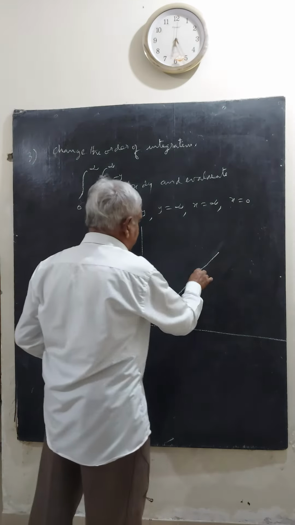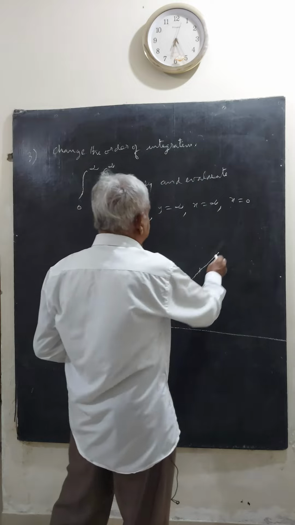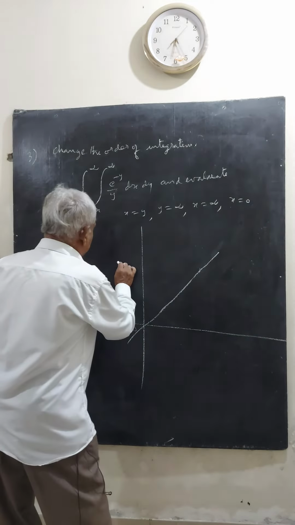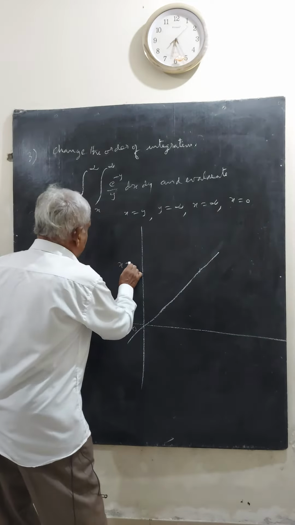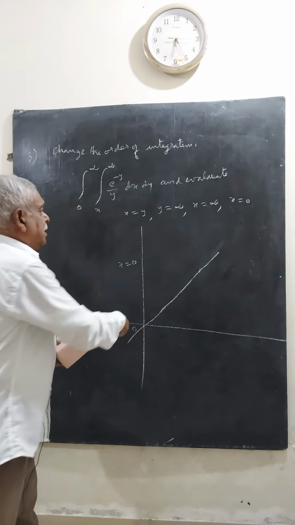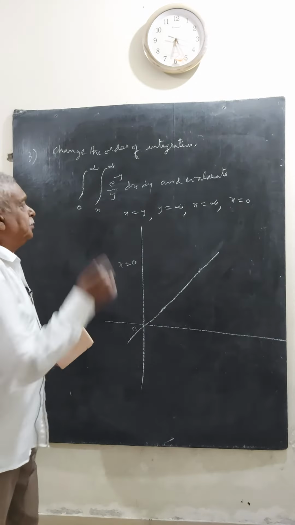X equal to y. And x equal to 0 is the equation of the y axis. We are taking this y axis as a curve.